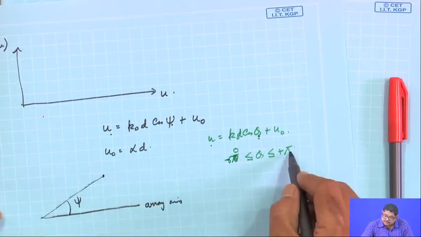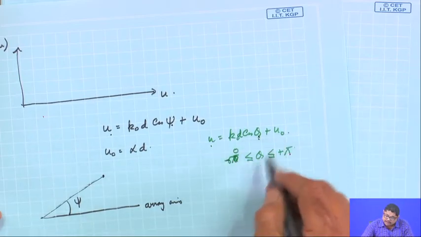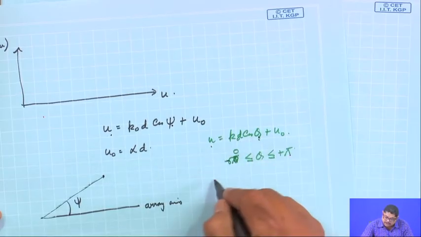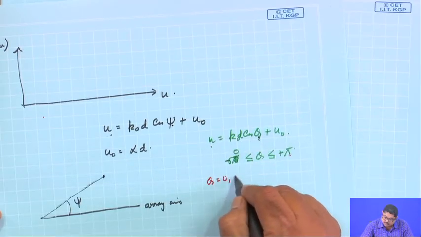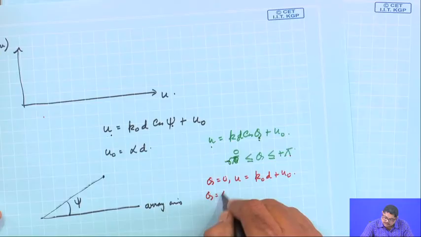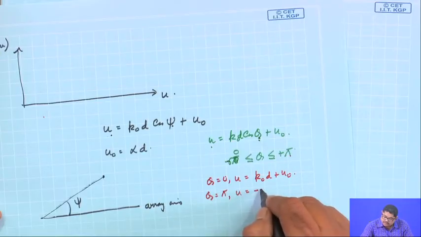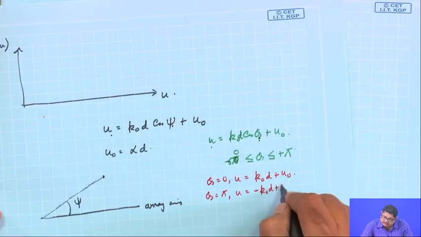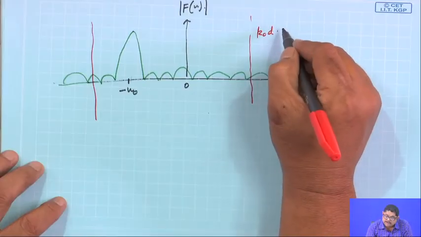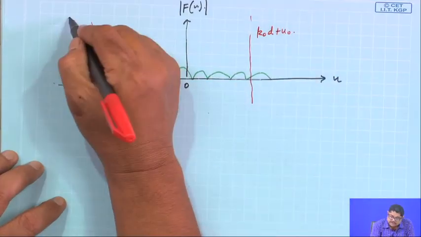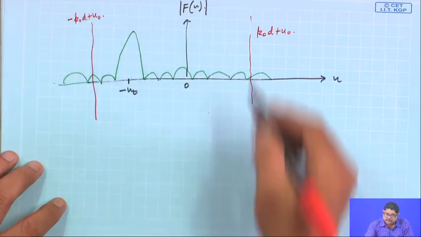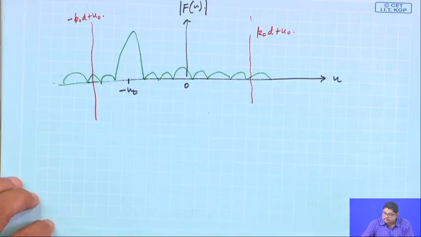So when theta is equal to 0, u is equal to k naught d plus u 0, and when theta is equal to pi, u is equal to minus k naught d plus u 0. So I will have to locate this as my k naught d plus u 0, and this as minus k naught d plus u 0. This is my visible space.